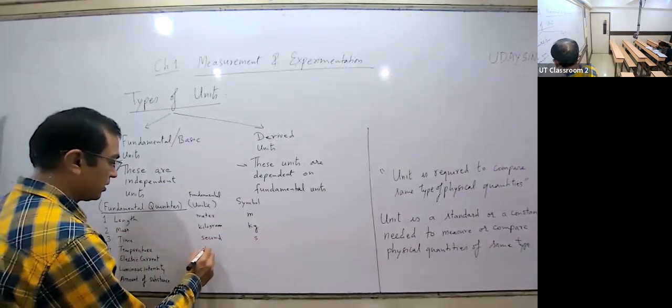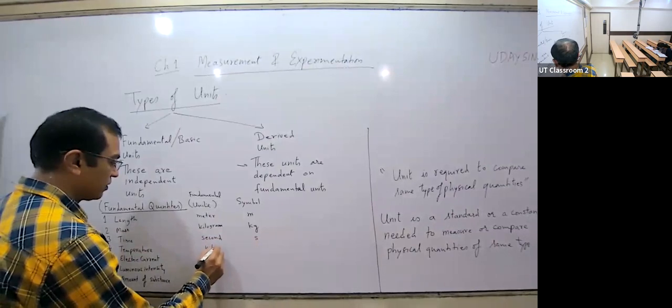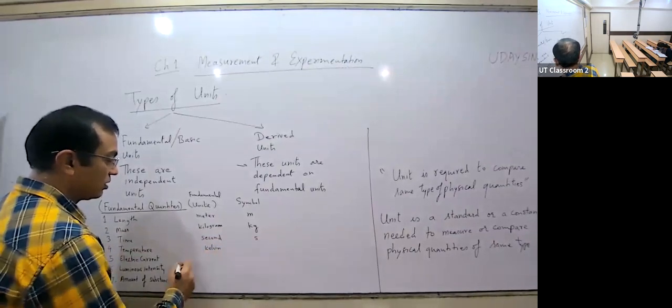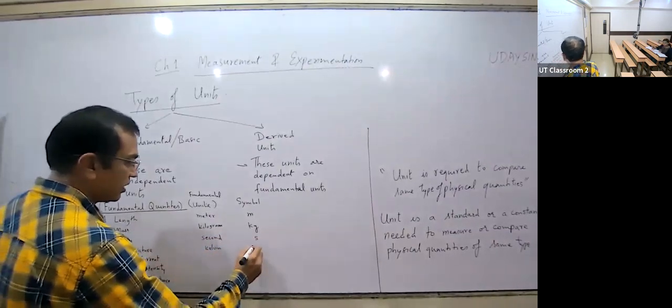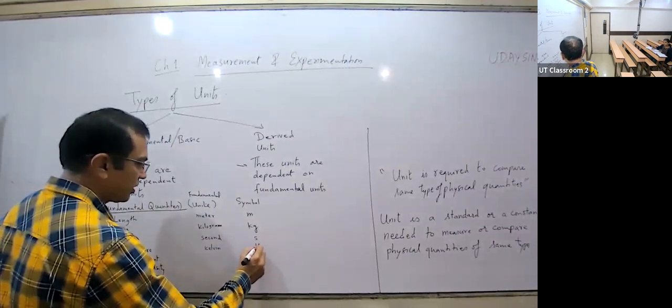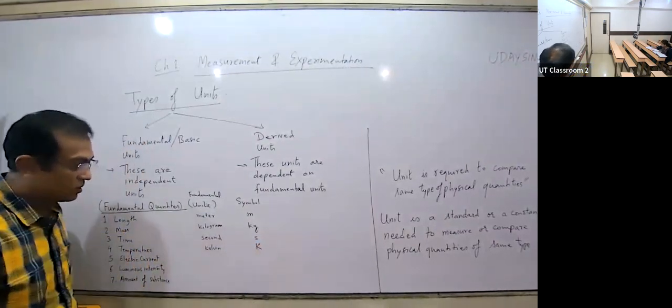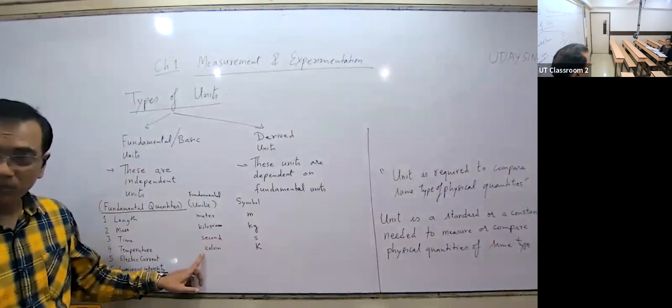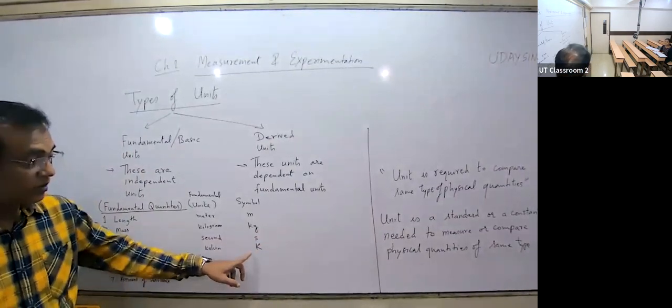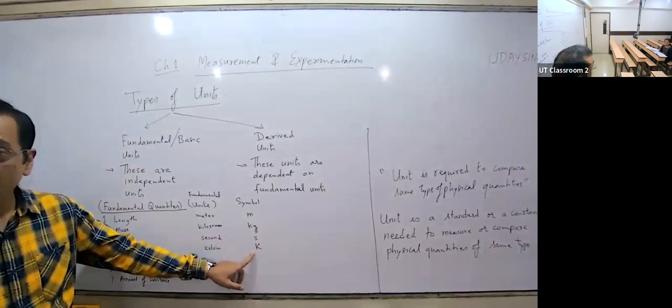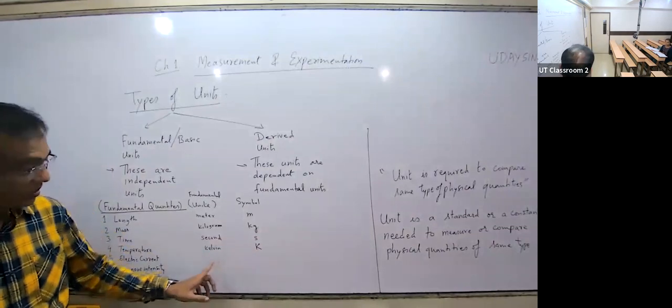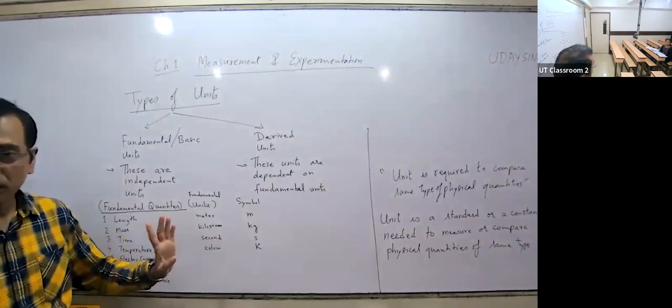It is Kelvin. Written in small letters in full, and the symbol will be capital K. So whenever the unit is named after a scientist, the symbol of the unit is the capital letter of its initial. So Kelvin, capital. Okay.